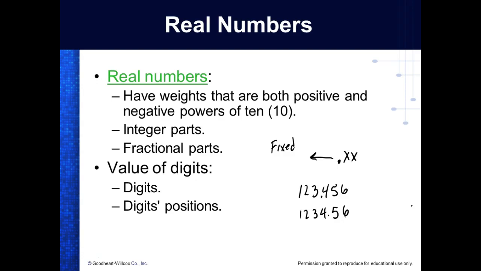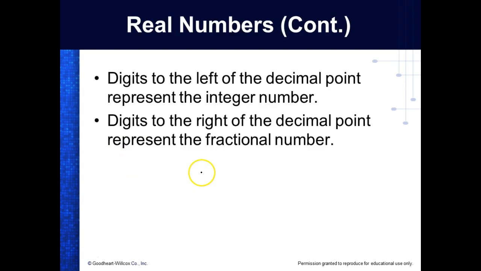So real numbers in PLCs, these are the numbers that can have fractional parts, right? So they can have whole numbers, fractional parts, and also they can use engineering notation or scientific notation. A PLC uses regular scientific notation. Digits to the left of the decimal point represent the whole number part.